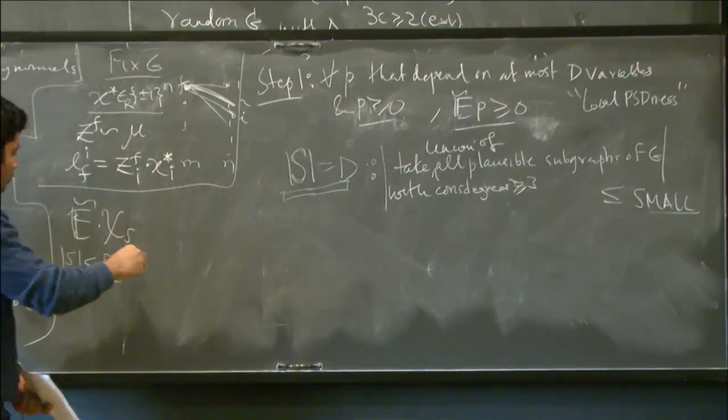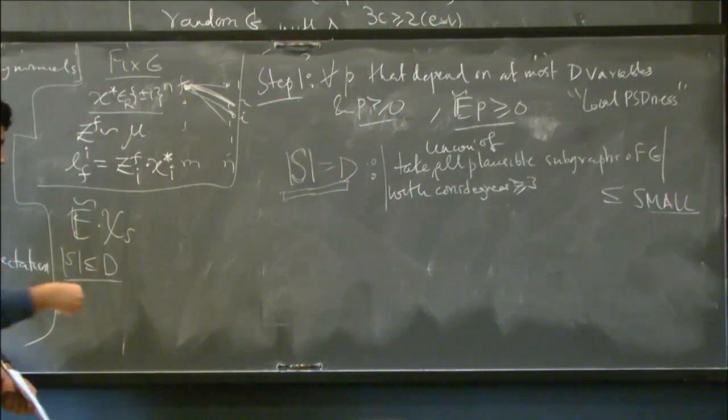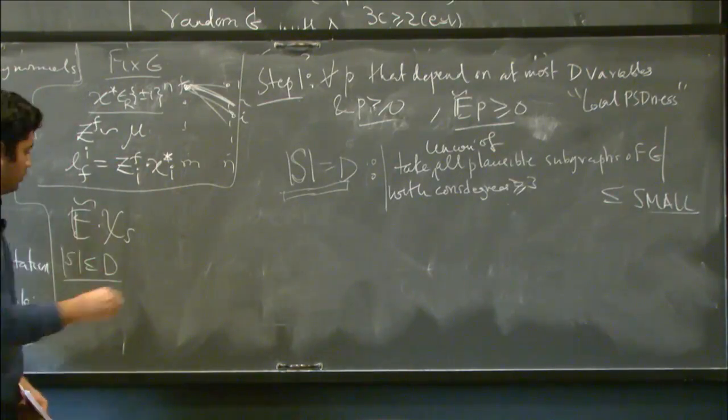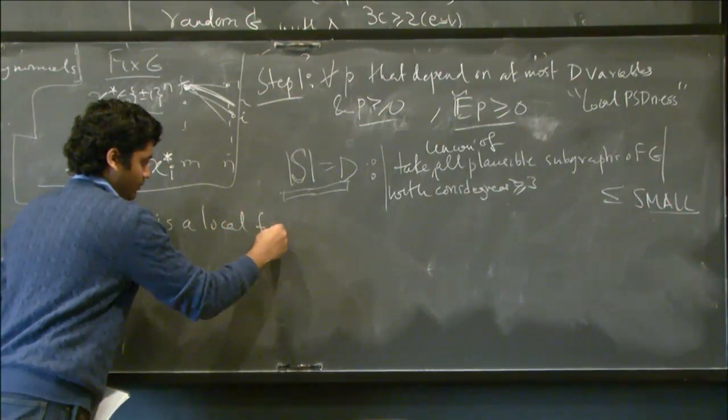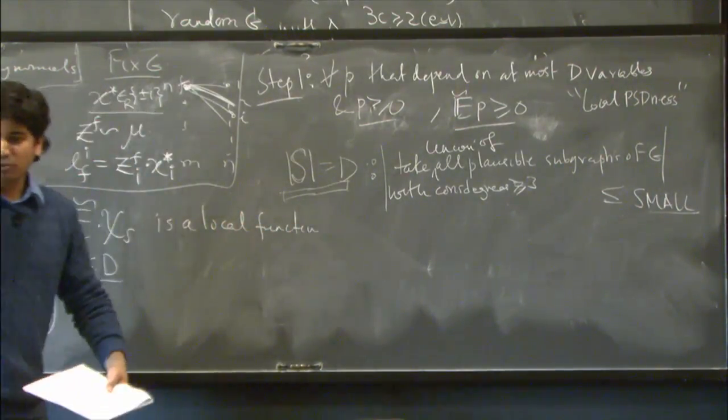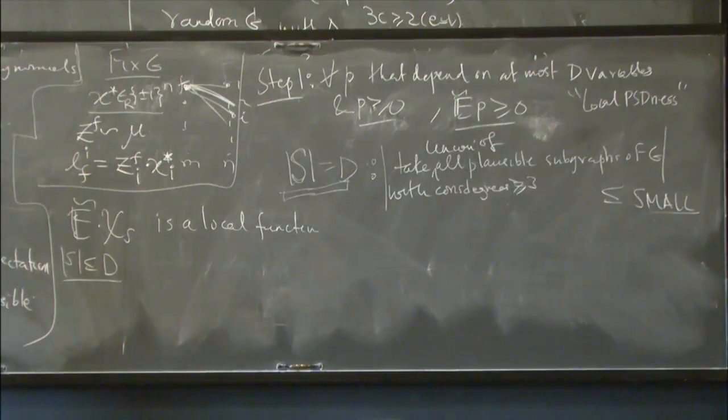I'm not explaining why this is true, but it corresponds to saying that it is a local function. So it depends only on some small subgraph that contains S.